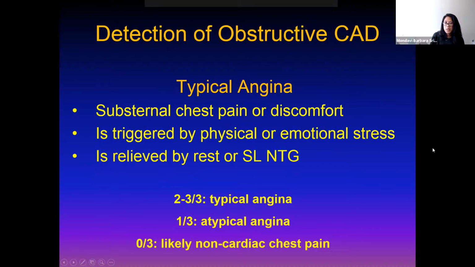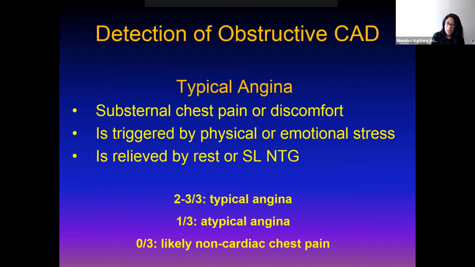So with symptomatic patients, there is some guidance in terms of how likely they are to have underlying coronary disease based on their symptoms. When we think about angina, and angina just refers to symptoms that are common to having underlying coronary artery disease, typical angina symptoms are often described as substernal chest pain or discomfort, usually triggered by physical or emotional stress, and then relieved by rest or sublingual nitroglycerin.